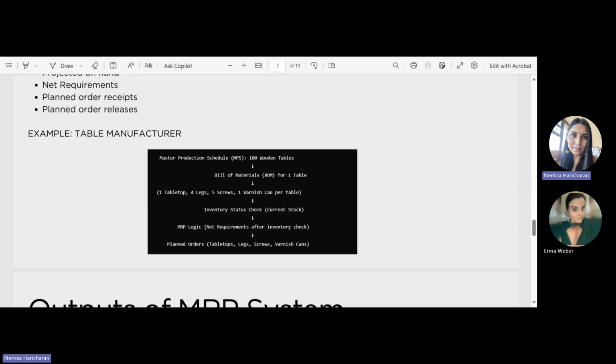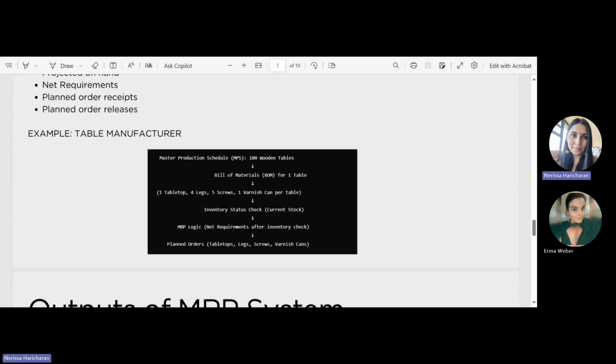The company checks its inventory and finds the following. There are currently 20 units of tabletops in stock. There are 100 units of table legs in stock. There are 200 units of screws in stock. And there are 10 units of varnish cans in stock.